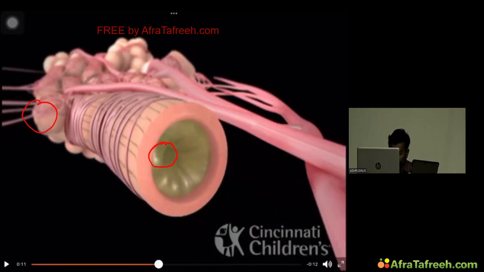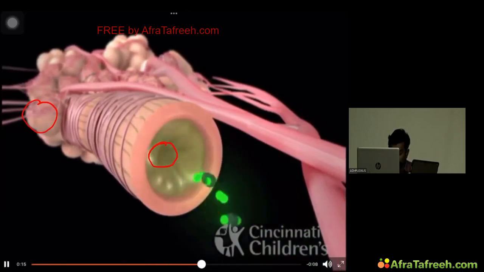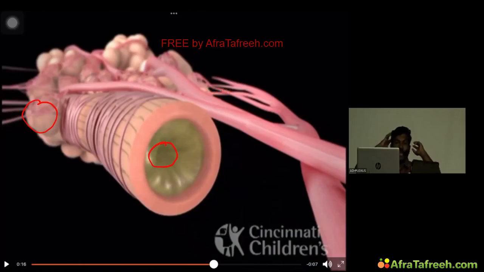You can see here again. What it means actually is that expiration time is slowed or prolonged. Why does this happen? Whenever you are breathing in and breathing out, some amount of air is going to stay back in your lung because of the resistance in the airway.